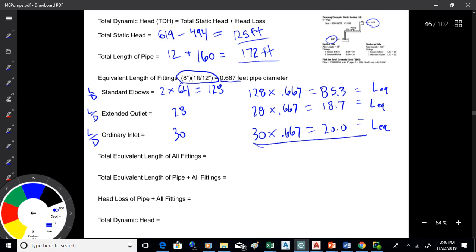So you can add those up. And that comes out to be 124, I think. So we're good with that?